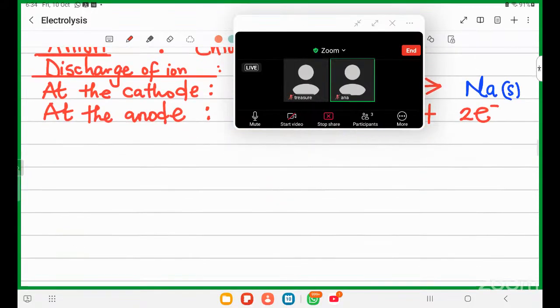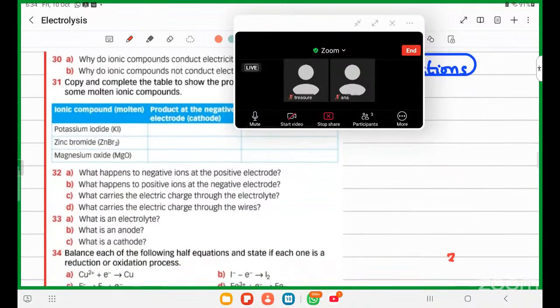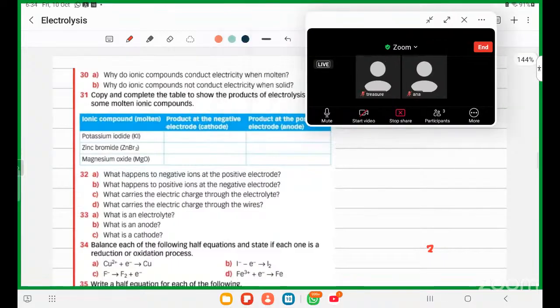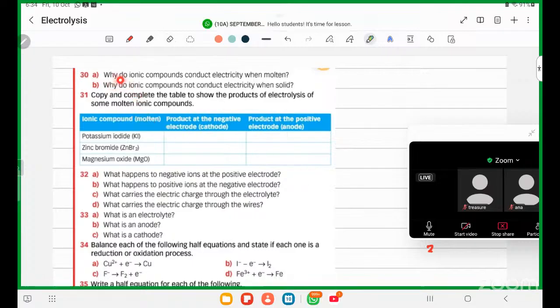Very good. So, I think we should have a good question next. They want you to answer this simple question. Why do ionic compounds conduct electricity when molten? Why do ionic compounds not conduct electricity when solid?